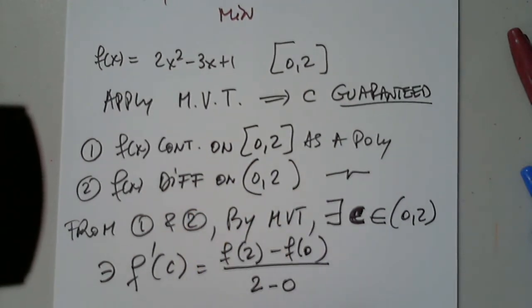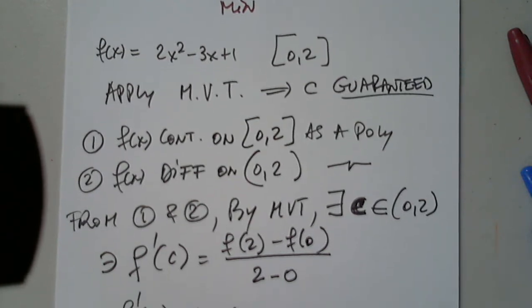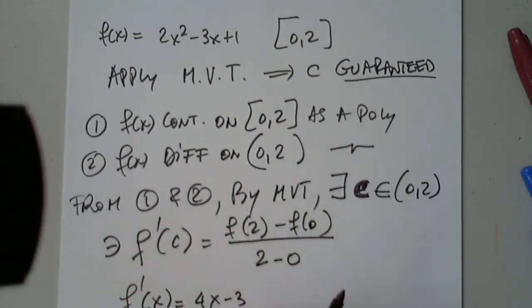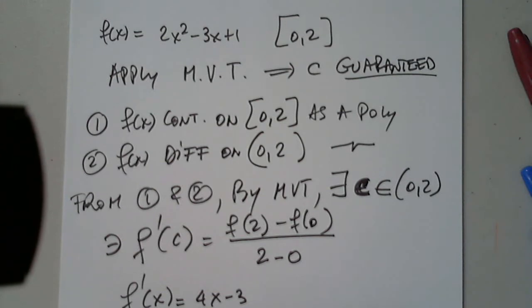First, I'll find f prime of x, which is 4x minus 3. I will replace this with c in here, so I have 4c minus 3 equals 2 minus 0 is 2.